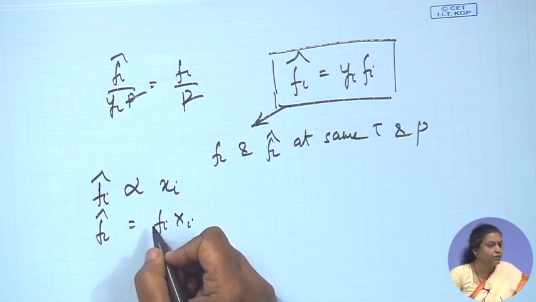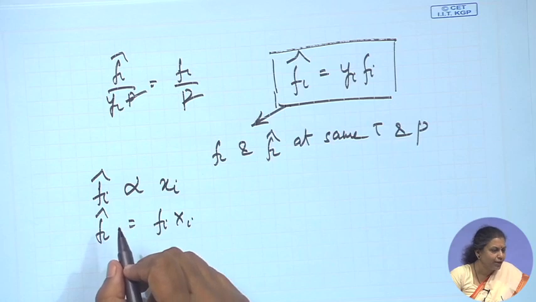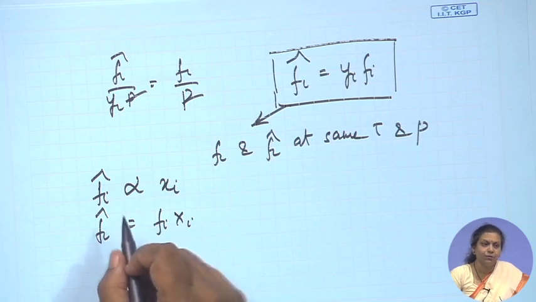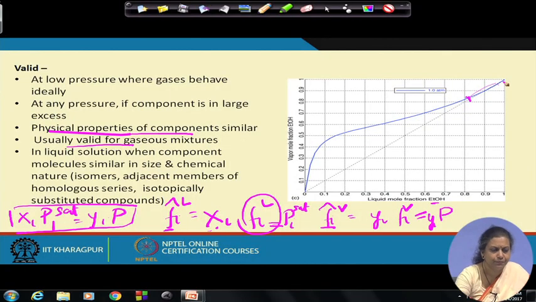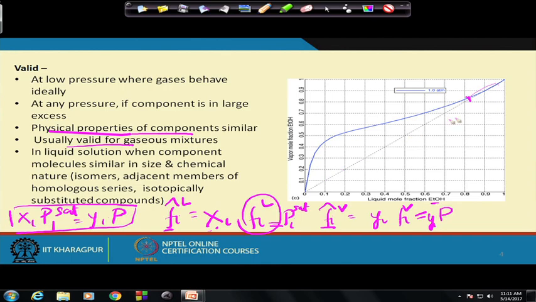Now, before I proceed, I would like to bring your attention to another aspect of this graph. What do we observe? The graph exhibits some deviation from the Lewis-Randall rule, which we will be discussing later. This shows that it exhibits non-ideal behavior over a large range of composition.